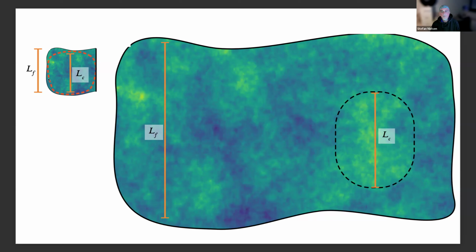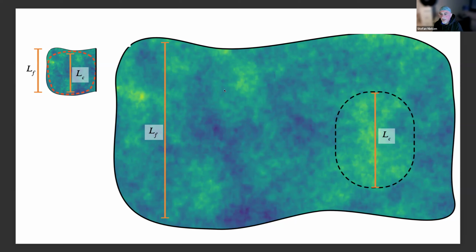All right, first observation. Second observation, if my fault is bigger, which is the case on the right-hand side, then I may have a higher probability of finding a patch which is a bit more overstressed, which is likely to fail because I just have more space to develop a larger nucleation. So automatically, just because of the limiting size, you can't have a big nucleation on a small fault segment.